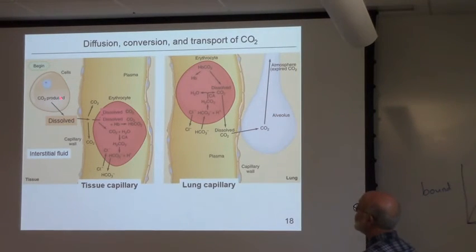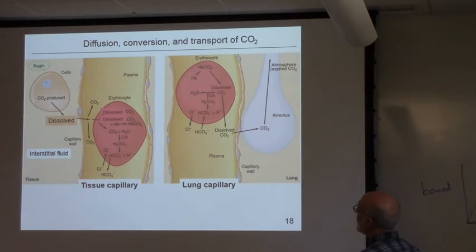Okay, so CO2 is produced by the metabolically active tissues. What is this process of moving CO2 from the cells into the extracellular fluid around the metabolically active tissues? Diffusion. What is this movement, this arrow right here? Diffusion.